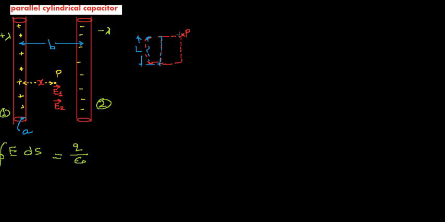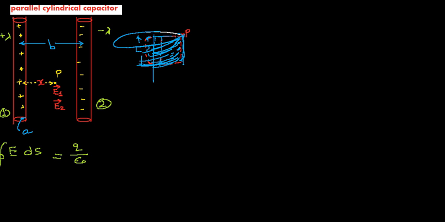If you rotate this line along this axis, you will form a cylinder, and this is the surface area. So how much surface area are we going to get? The total circumference times the length is the area.